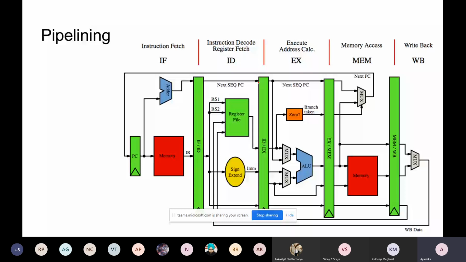When we talked about instruction set architecture, we discussed that we have written some instruction. That instruction we have compiled. Our compiler has generated some code. That code, when it gets down to the hardware level, we are storing in some memory.